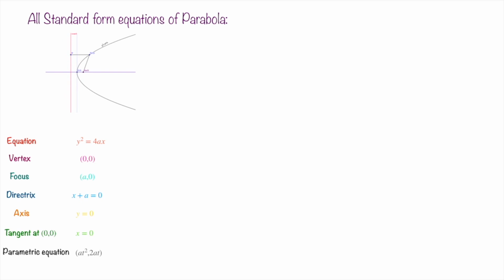The vertex of this parabola is (0, 0), the focus is (a, 0), the directrix equation is x plus a equal to 0, the axis is the x-axis whose equation is y equal to 0, the tangent at the vertex is the y-axis whose equation is x equal to 0, and the parametric equation of this parabola is x equal to at square, y equal to 2at.